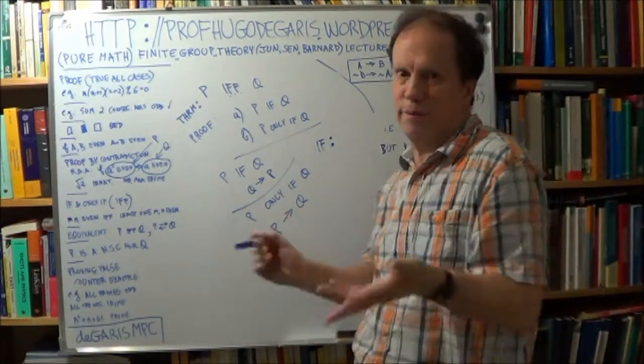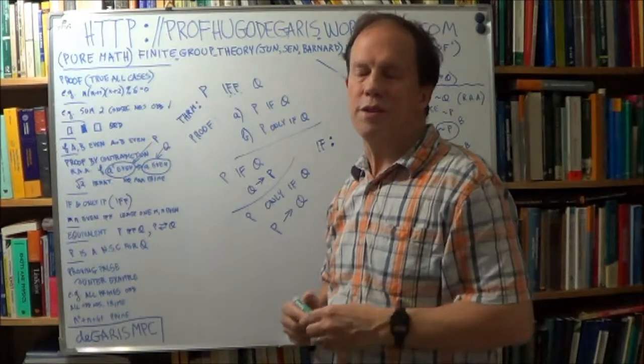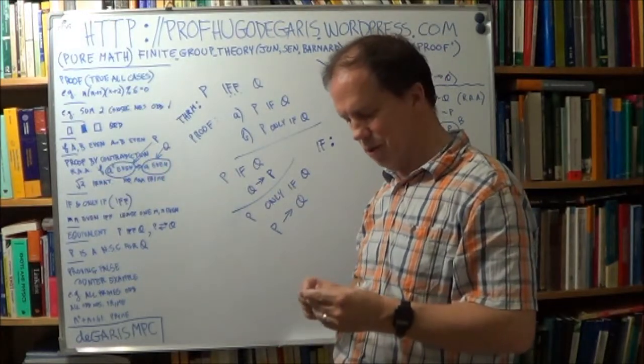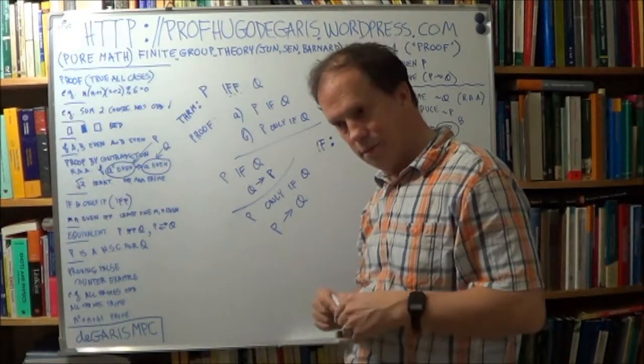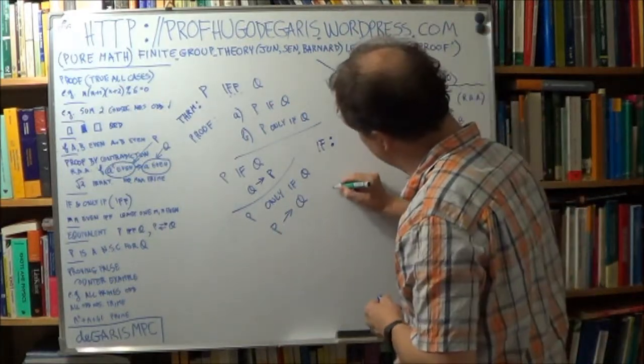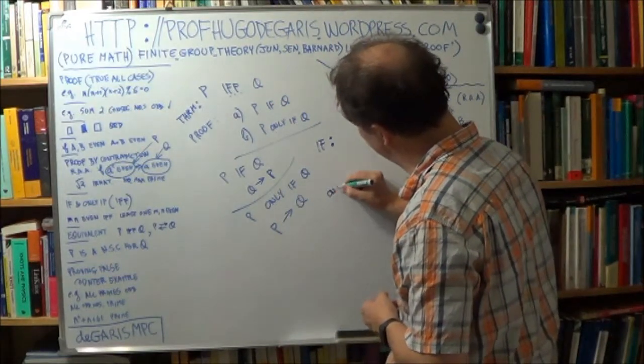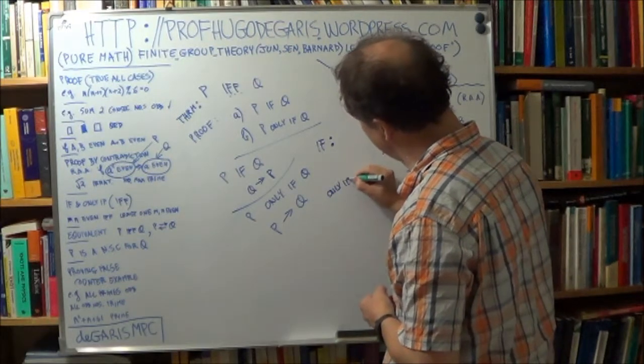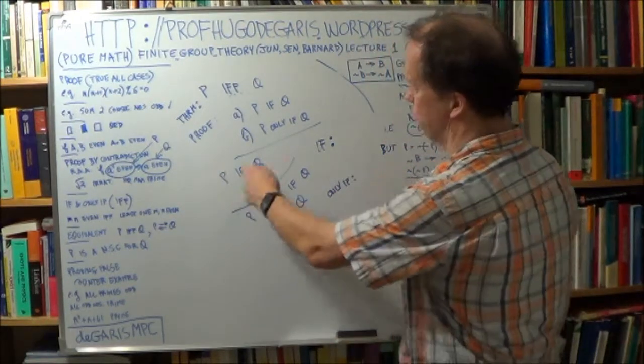You don't have to, it's arbitrary, but it's a convention. So most mathematicians stick to it, and they give the if case first, and then the only if case second in their proof, or two proofs.